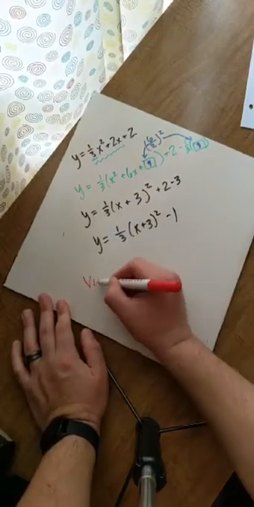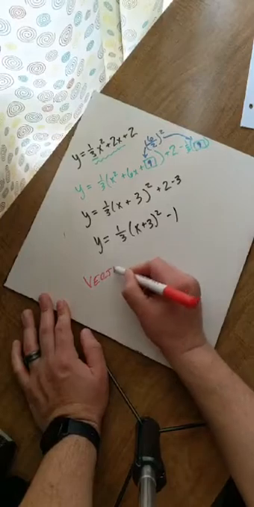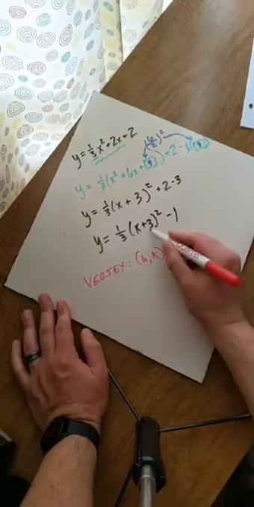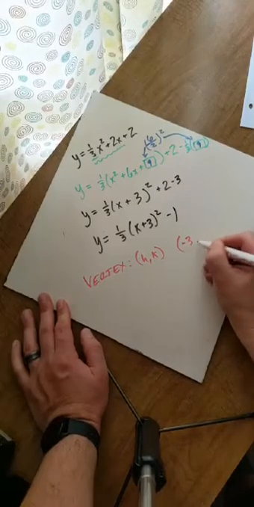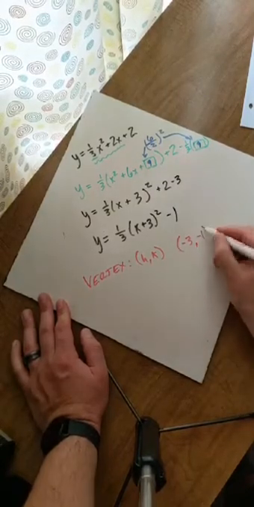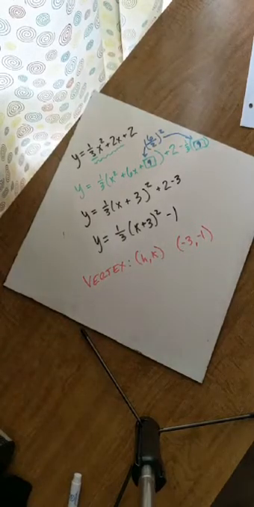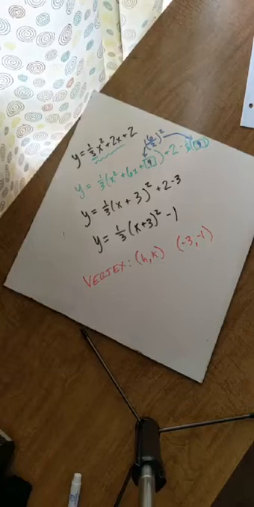All right, so the vertex is at HK. If we got a +3 here, H is -3, and that stays the same, -1. So I'm going to edit that on my chart right here. A is -3, B is -1.